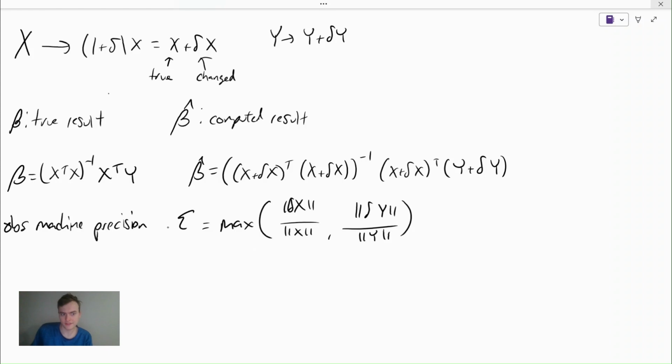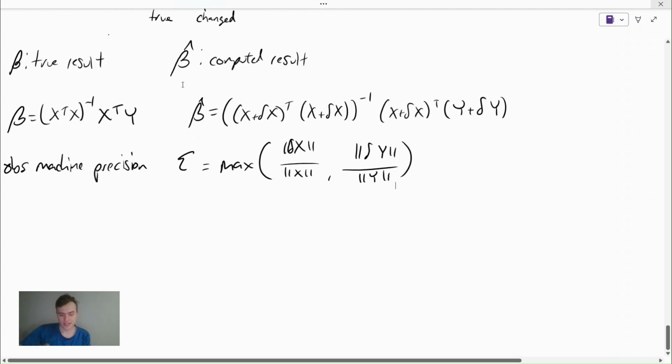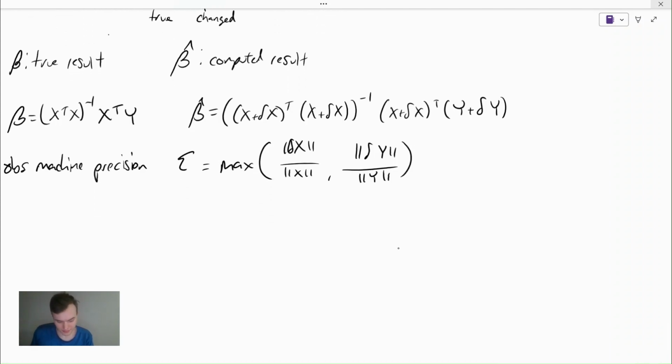Or we could have some known machine precision that's saying in a single double operation, that's how much potential error there is at most using this machine, right?